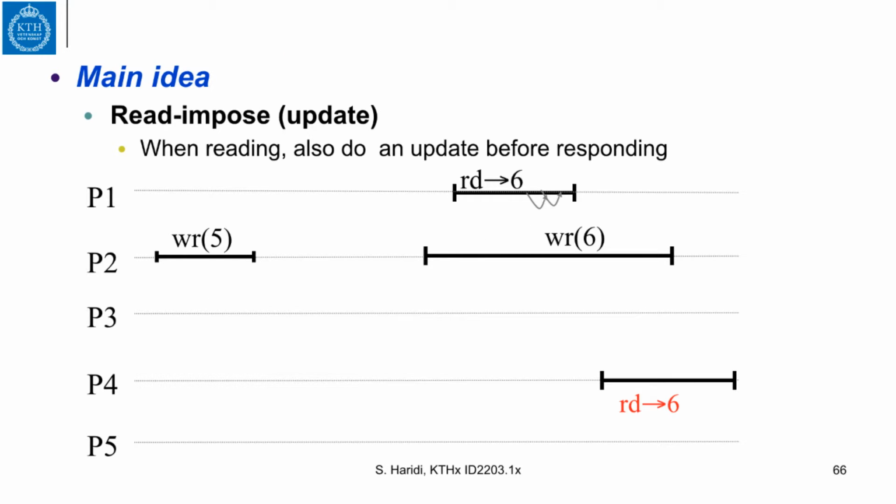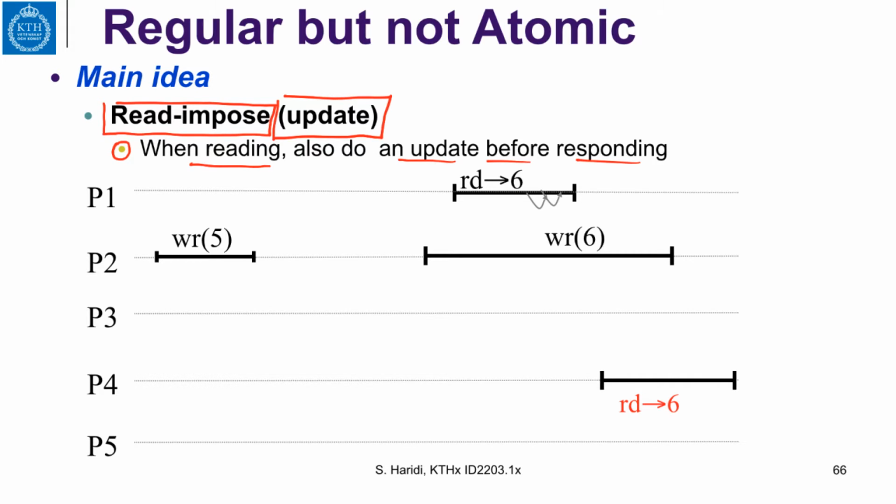So the main idea is called read impose or read update. The idea is that when a process performs a read, it also does an update before responding. And let's see what happens then. So we'll see this case here.